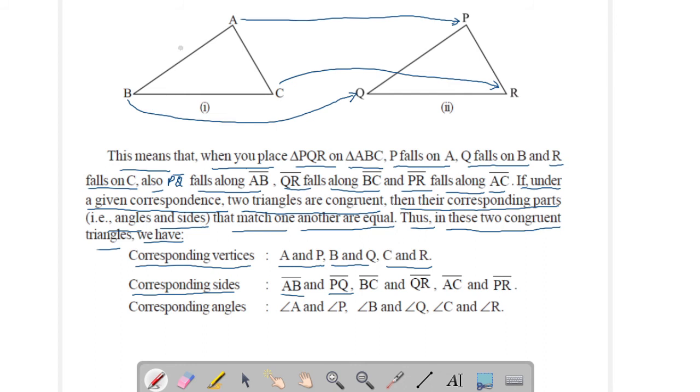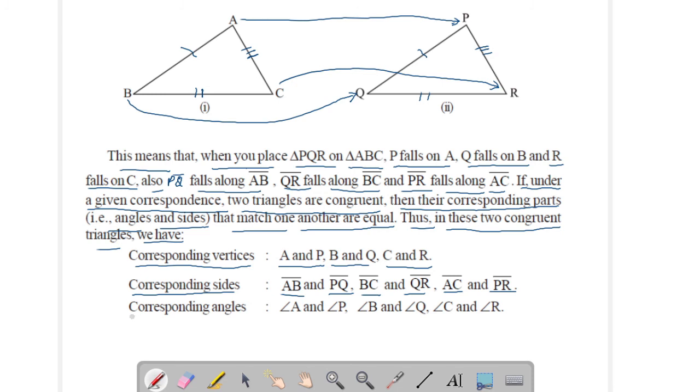Both line segments are equal. Then line segment BC and line segment QR are also equal. And line segment AC and line segment PR, both are equal.